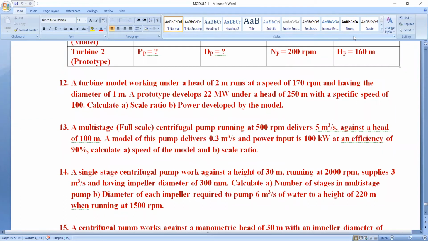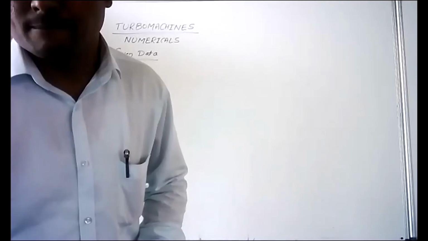Okay. So let us write down the given data. See here carefully.